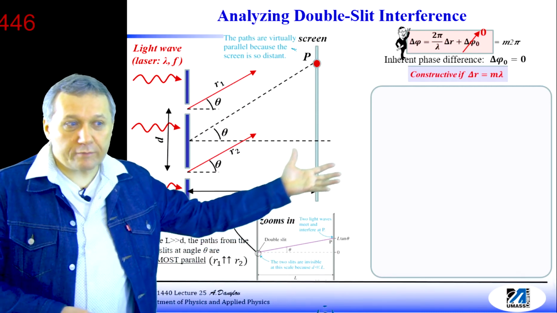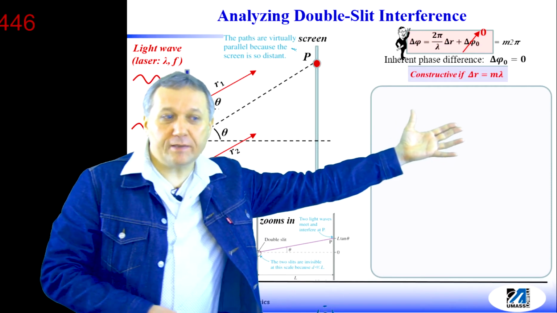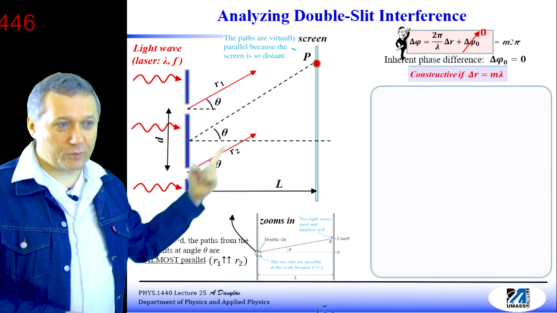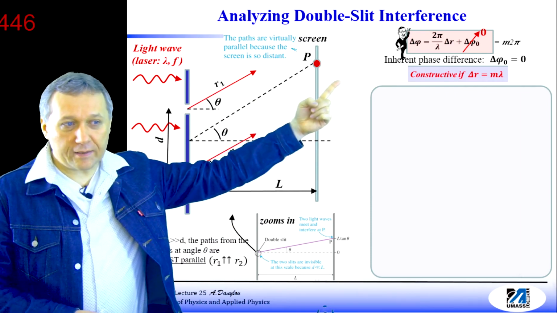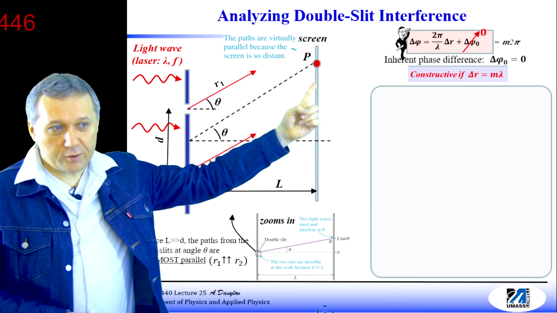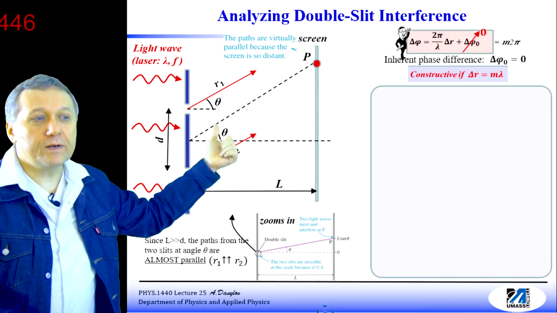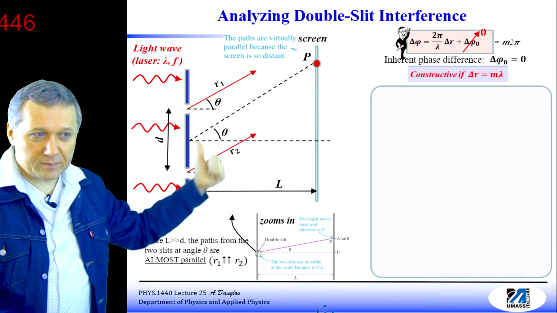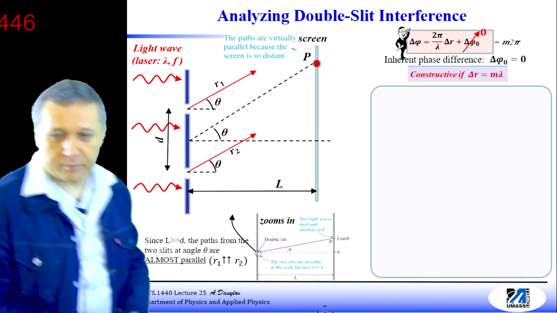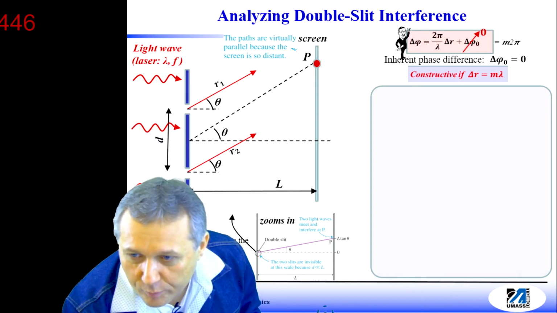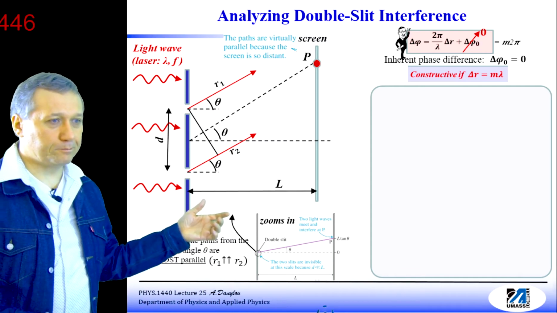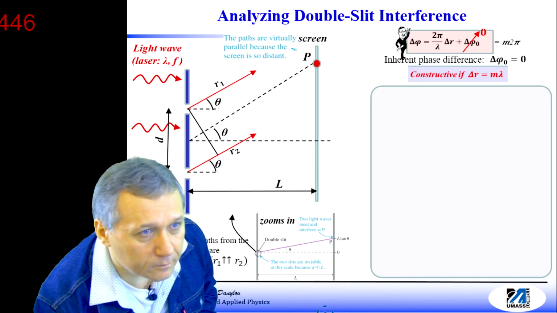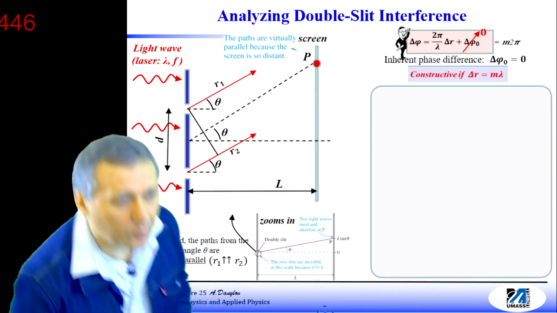So now, what do we have to do? As I said, we need to find delta R. So this is R1, this is R2, of course. They all end at point P. So delta R is over here. If I draw a line from this slit, perpendicular, oh, I need to bring this PowerPoint forward. Okay.